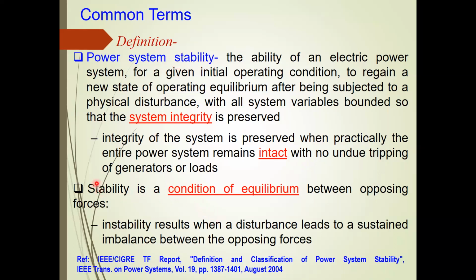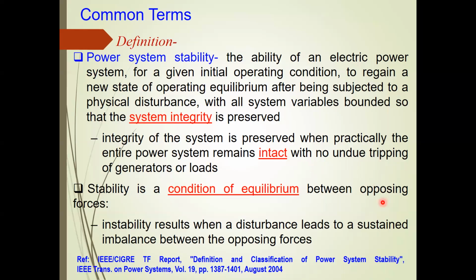So that means stability will actually be a condition of equilibrium between the opposing forces. Now just see here, your electromagnetic torque from the generator side, and your electrical torque from the load side, right? It is opposite actually, right?